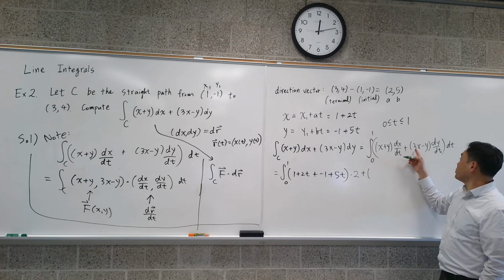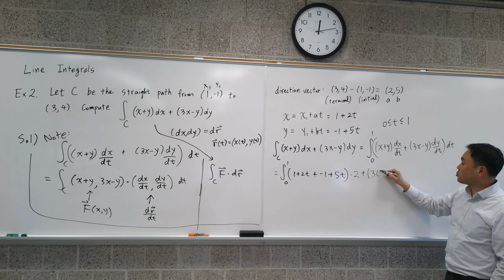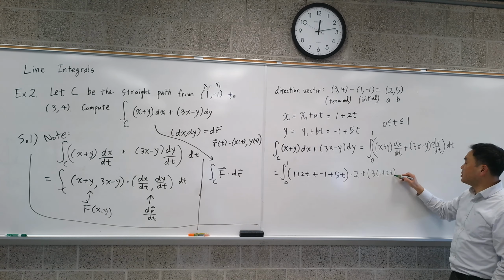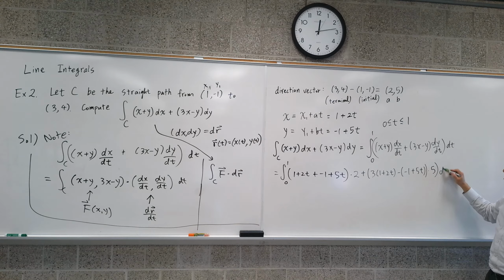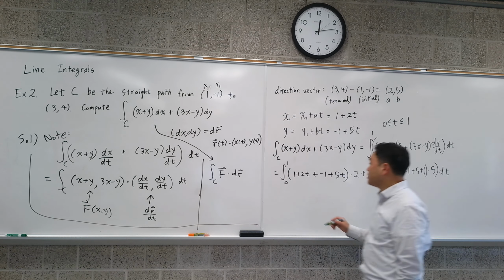Plus 3x minus y, so 3 times 1 plus 2t minus negative 1 plus 5t, times dy dt. What's that? dy dt is 5. And then dt.